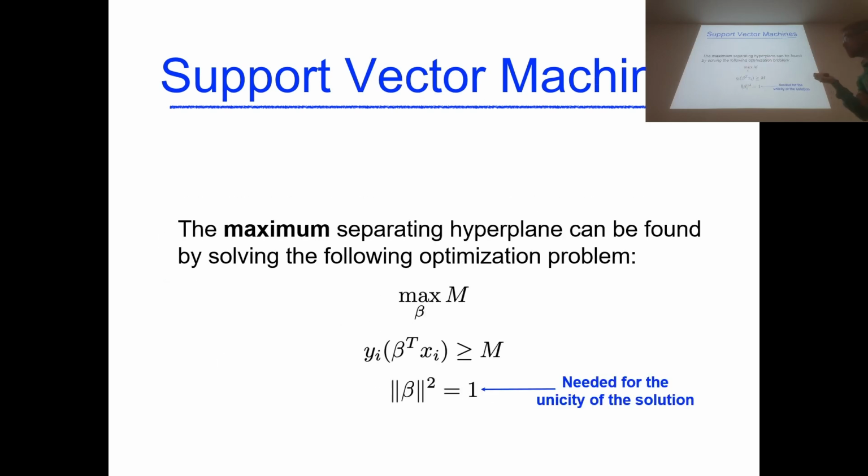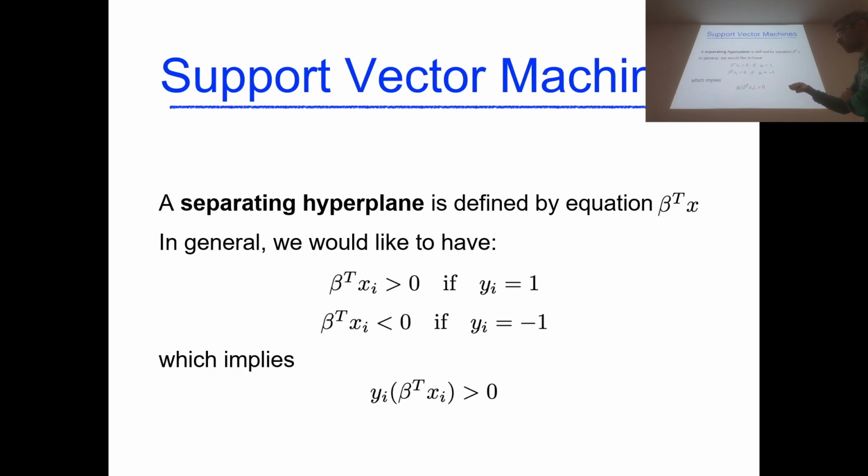By solving this optimization problem, we want to maximize the margin based on what? On the coefficients of the hyperplane, so what we call beta, or what perhaps we called weights in the case of the perceptrons. So this is the actual equation that we want to solve.